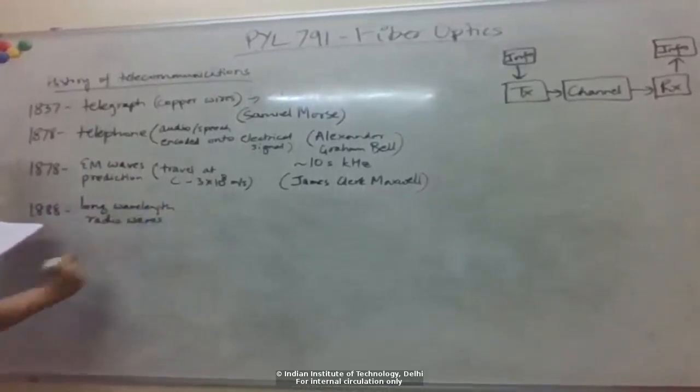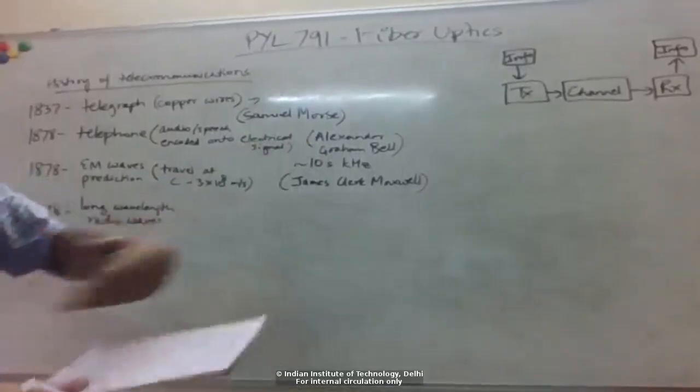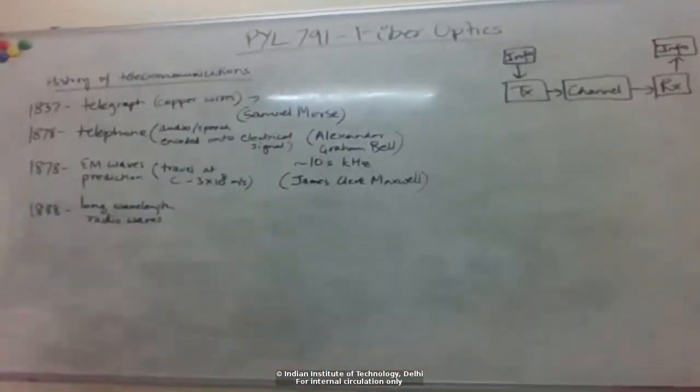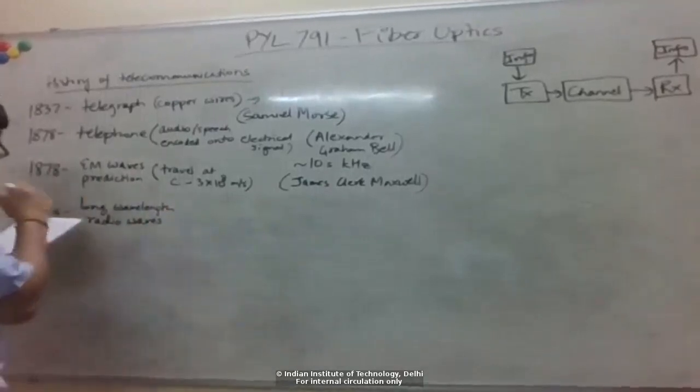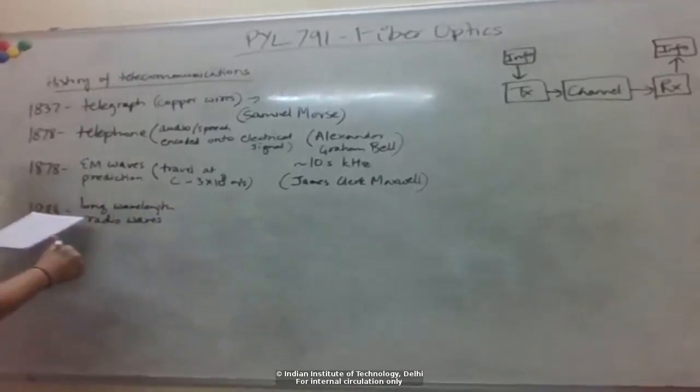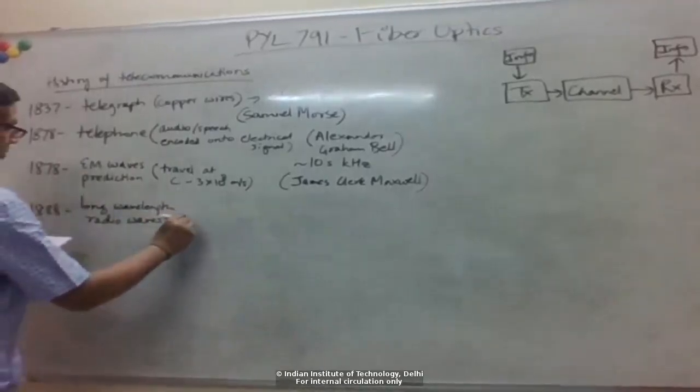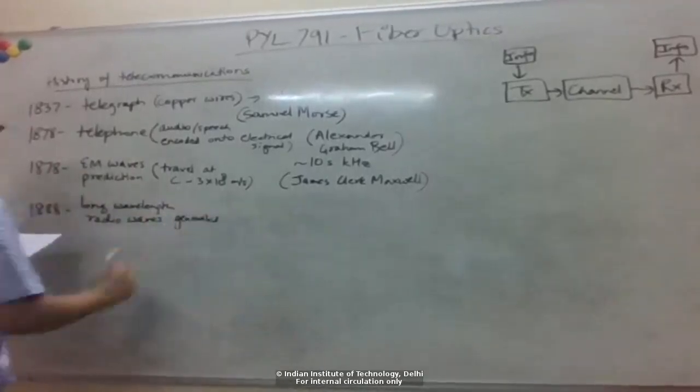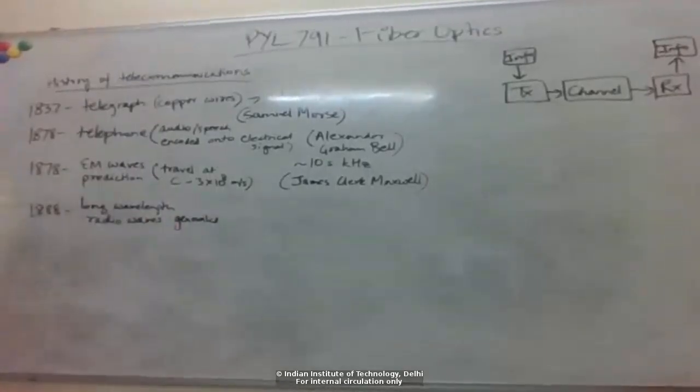Long wavelength radio waves, so the wavelength would be many centimeters to a few meters. Very long wavelength, so the frequency is kilohertz to megahertz. These were controllably generated and detected for the first time.